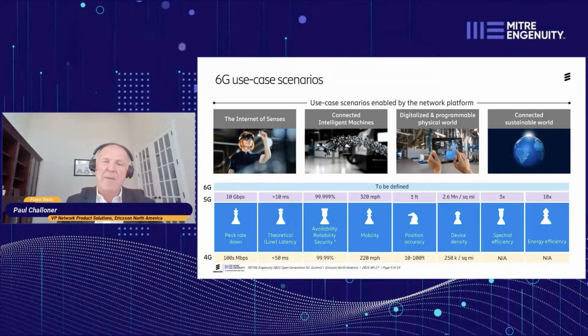So if we look at the applications that this will enable, one of the big ones is a family of use cases called the Internet of Senses. And so maybe the most straightforward one is vision. So how do I have each of my senses interact with the network in a deeper way? In terms of vision, that would be augmented reality or virtual reality. And then in terms of the sense of touch, that would be the world of haptics, or the world of the tactile internet.